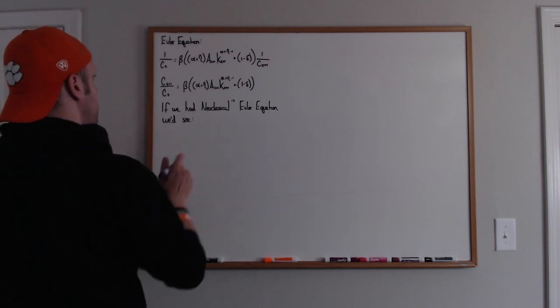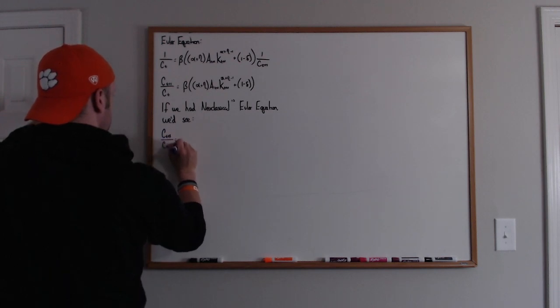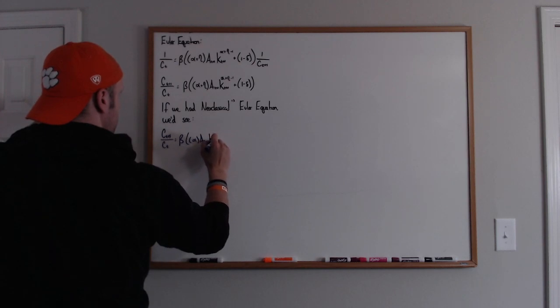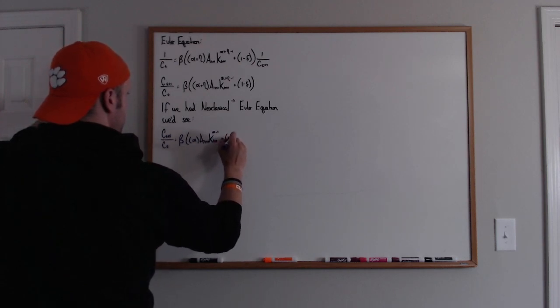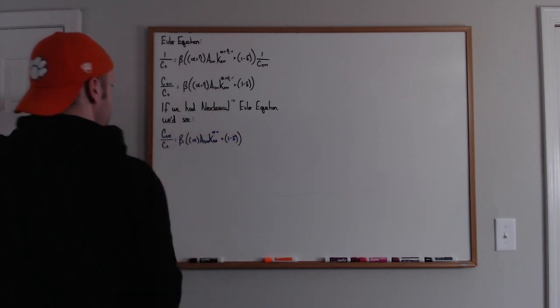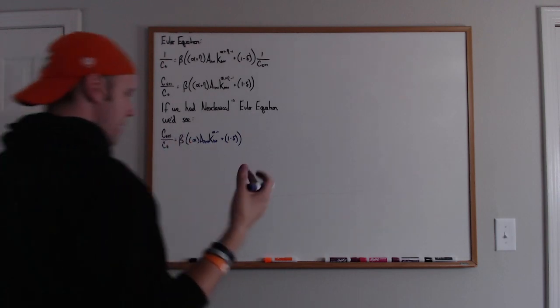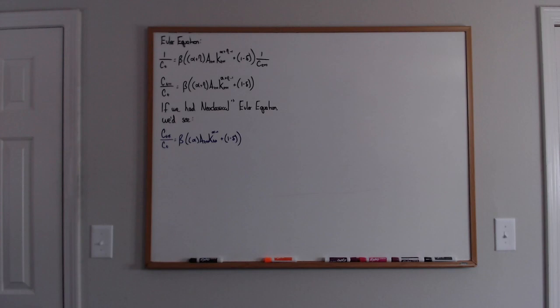We had the neoclassical growth model's Euler equation. What we would see is this. Without any knowledge or human capital spillovers showing up in the model.